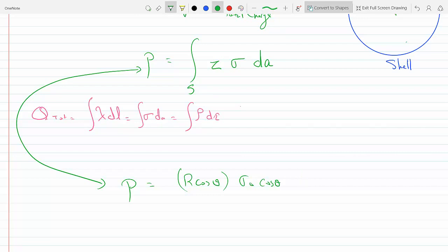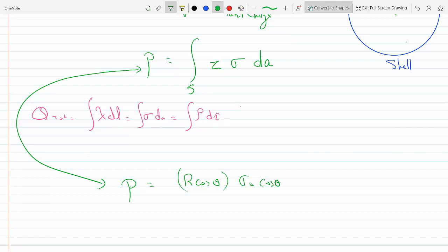Now, what is dA in spherical coordinates? Well, if we take a piece of the shell, let me do it here on the slide.